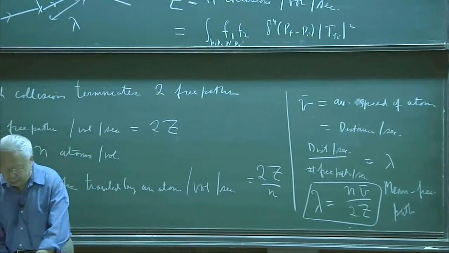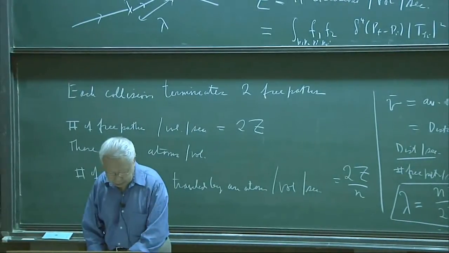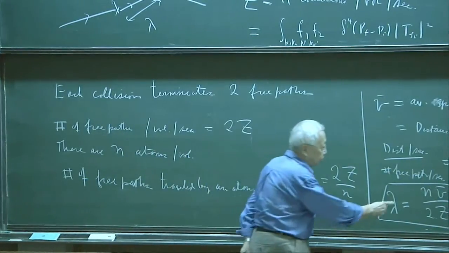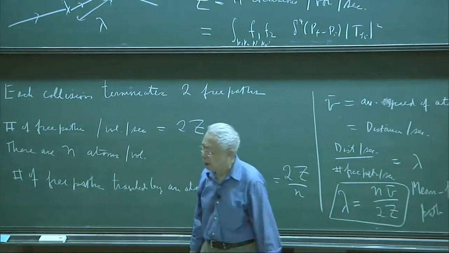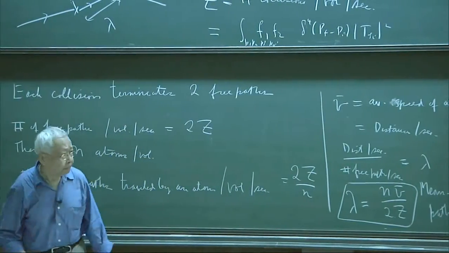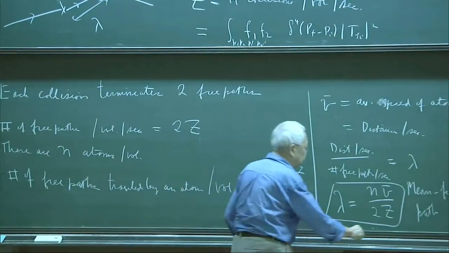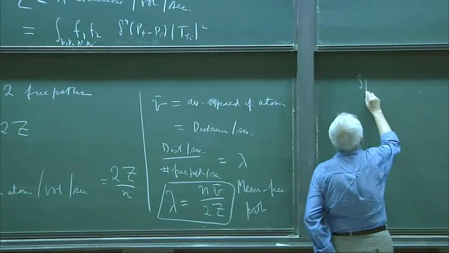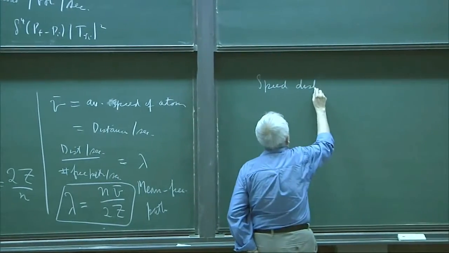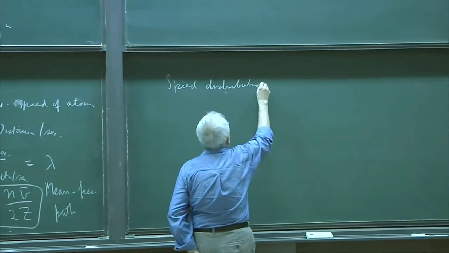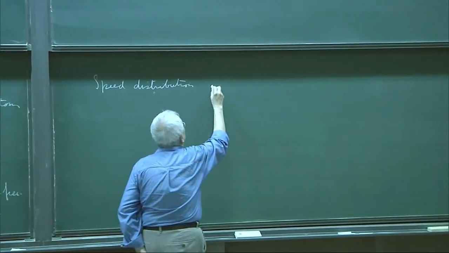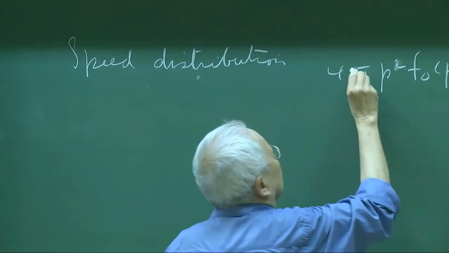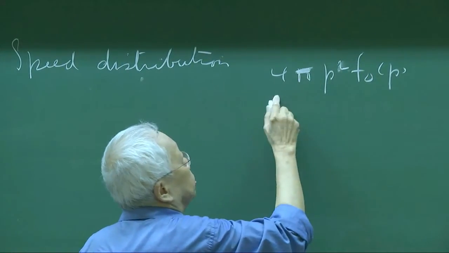Okay, so this is very fast, but we have to compute it. We want numbers. How many centimeters? We want numbers. So we compute it. We have to compute v bar, we have to compute Z. v bar is the average velocity, the average speed. So for the speed distribution, I can just use here 4 pi p squared times f0(p), because the speed has no direction, so you multiply by 4 pi p squared.